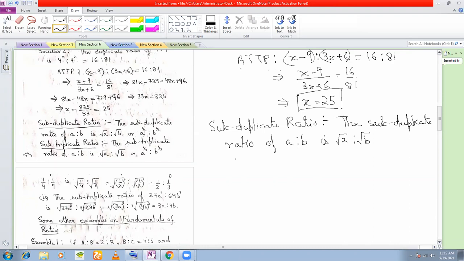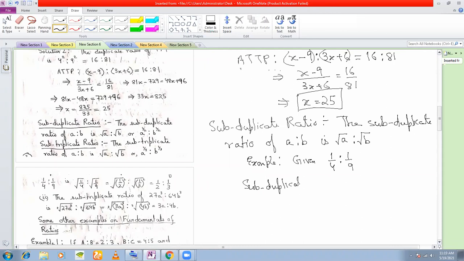So if you have a given ratio, say if I give you this ratio, 1/4 is to 1/9, then what should be the sub-duplicate ratio of this?